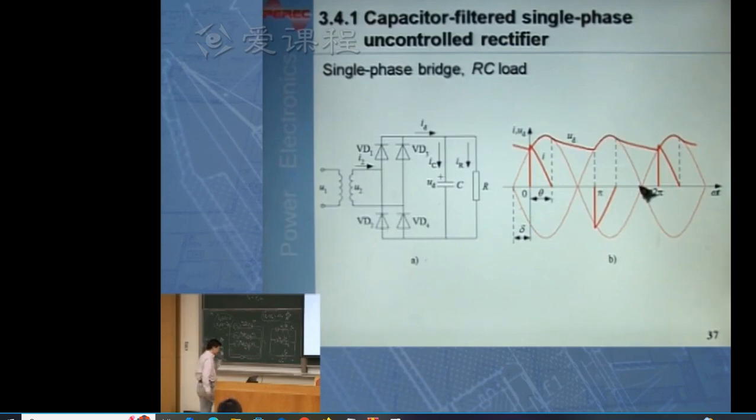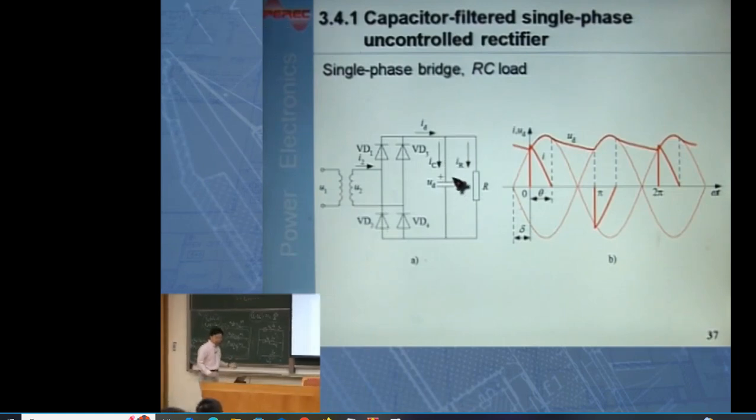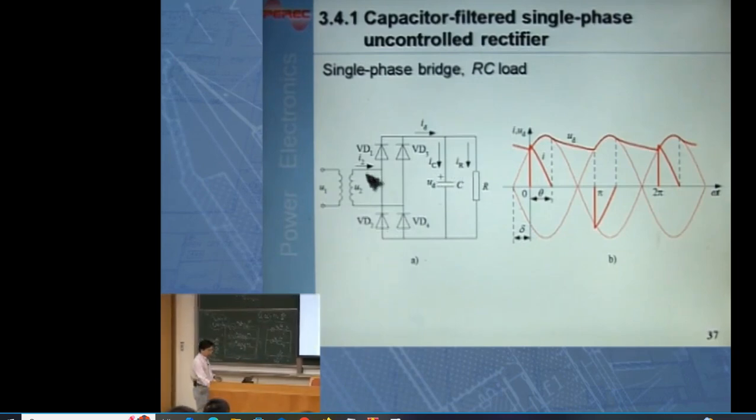But in this case, this is very different because you have a DC voltage here and you do not know how much that DC voltage is. The only thing you know is that only when this input voltage is higher than this DC capacitor voltage, then there will be two diodes conducting.